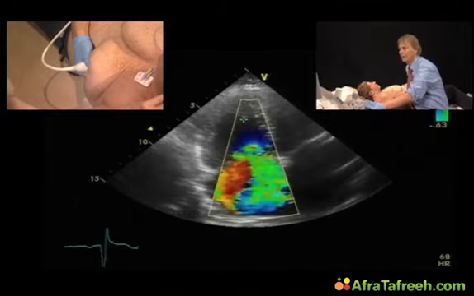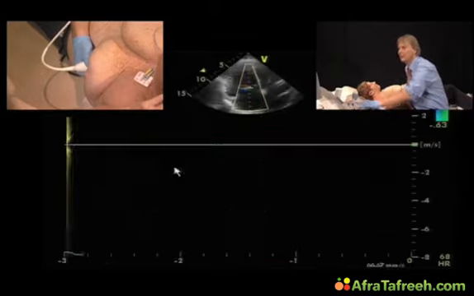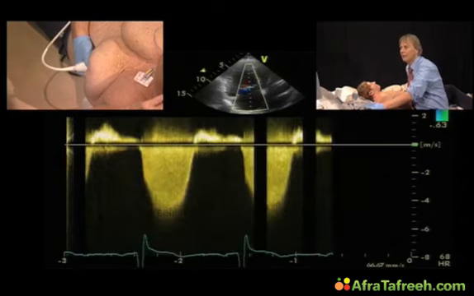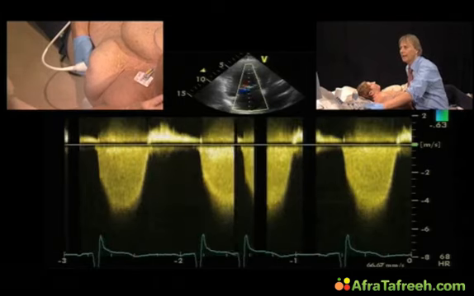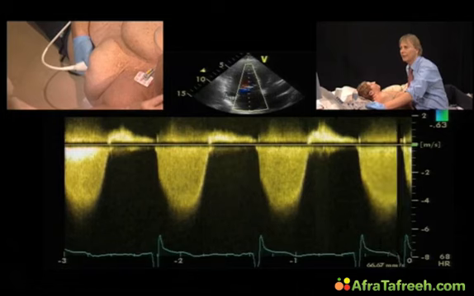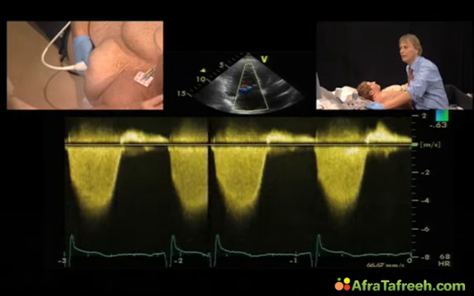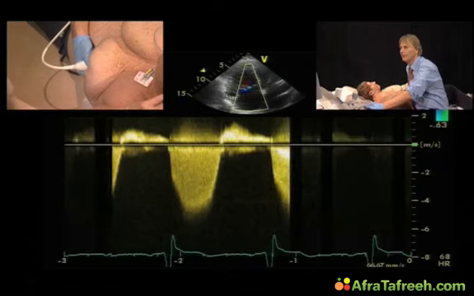So again, we'll use the color as guidance, and then we'll use the continuous wave Doppler signal, and we put the focus point right at the portion where the jet originates. So I'll just show you what happens if I move the focus point away. You will see that I will lose the signal.